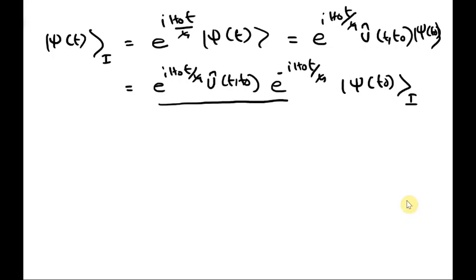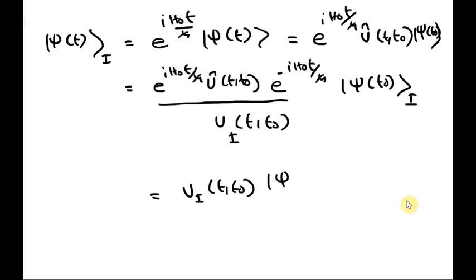Okay, so this operator I will call U in the interaction picture, and this is called U_I(t, t₀). So ψ_I(t) is nothing but U_I(t, t₀) ψ_I(t₀) in the interaction picture.